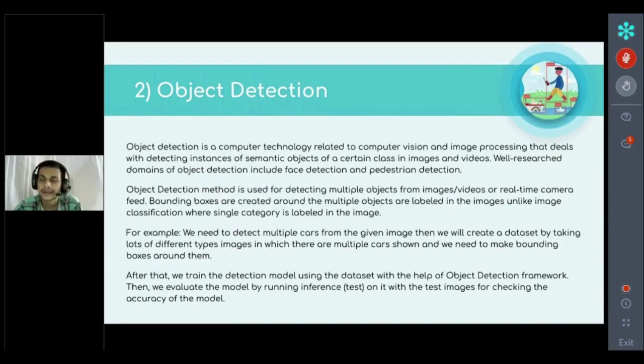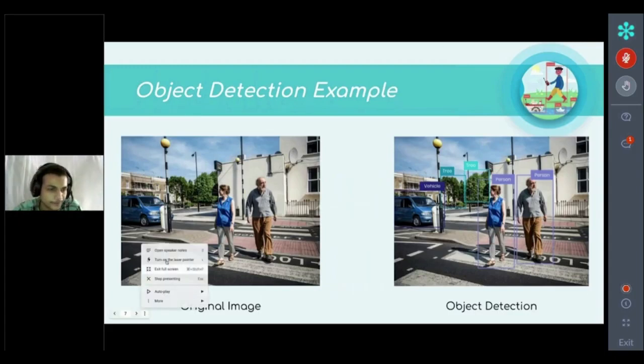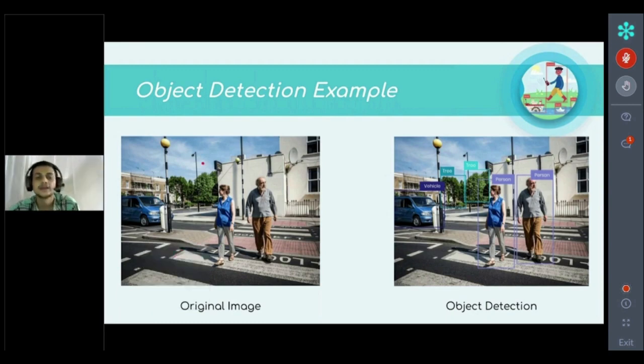Unlike image classification, it can detect multiple objects. As I said earlier, here is the example. Here you can see that in this original image, here is one person, here is another person, here is the car, and here are the trees.